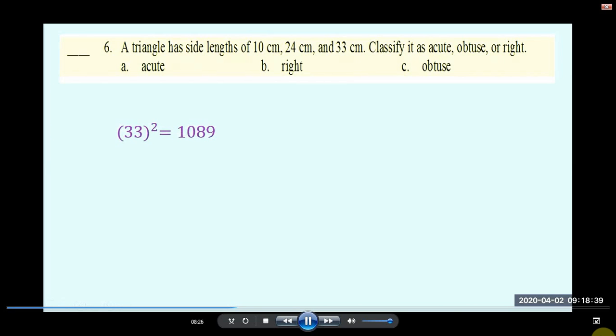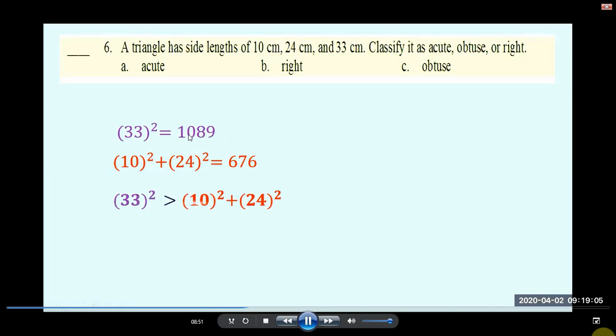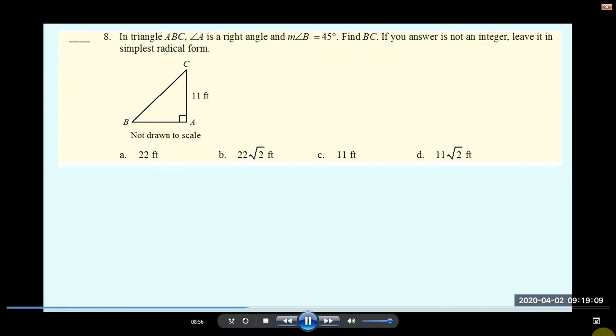If it is more, it is obtuse. The greatest side, 33, its square is greater than the sum of the squares of the other sides. If greater than, it will be obtuse. Okay.